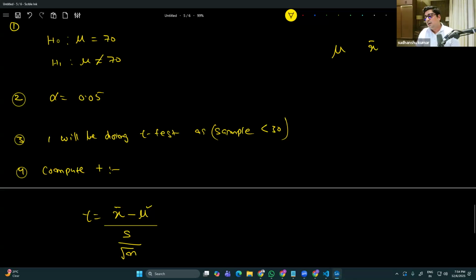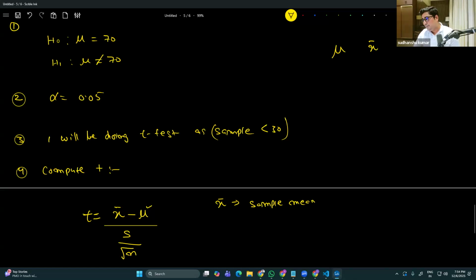So here, the formula of t says that the mean or average of a sample is x bar. Let me write it down so that when you look into this slide in the future, you will be able to understand.